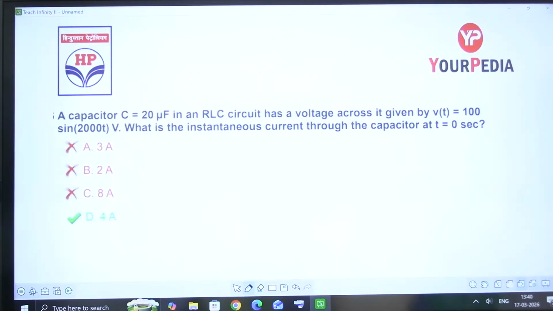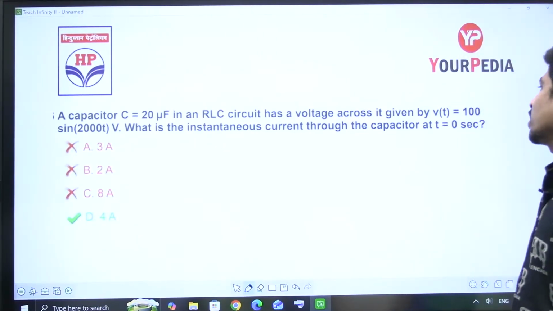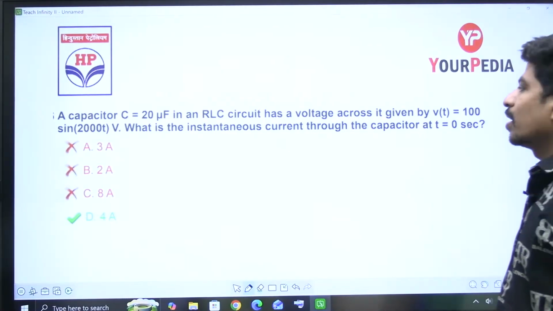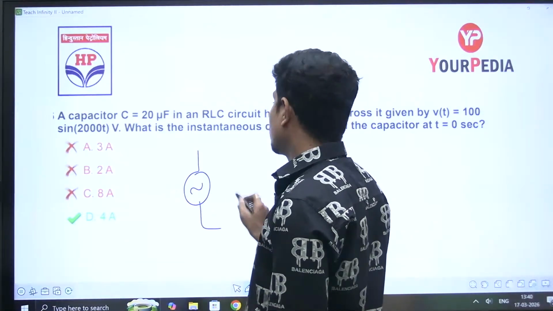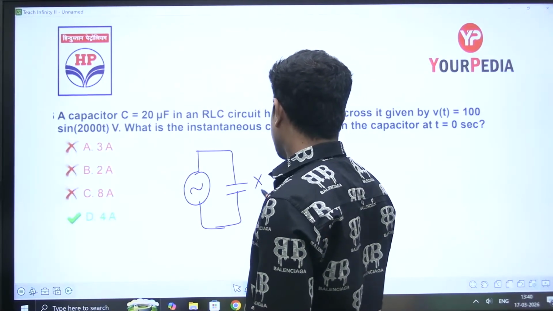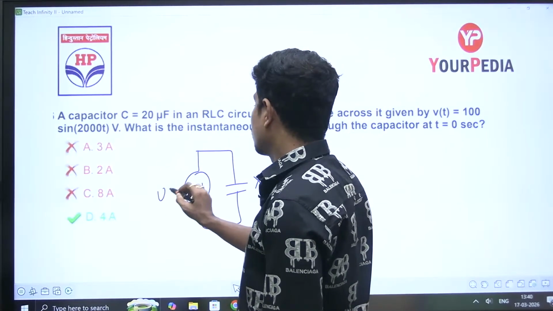Right? Next. A capacitor C is equal to 20 microfarads in an RC circuit has a voltage across it given by V of t is equal to 100 sin 2000 t volts. What is the instantaneous current through the capacitor at t is equal to 0? See, he is asking, this is the voltage source, this is the capacitance, this is Xc, Xc is equal to 1 by omega C, this is V of t.